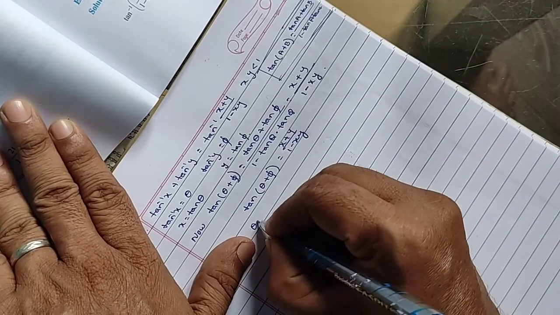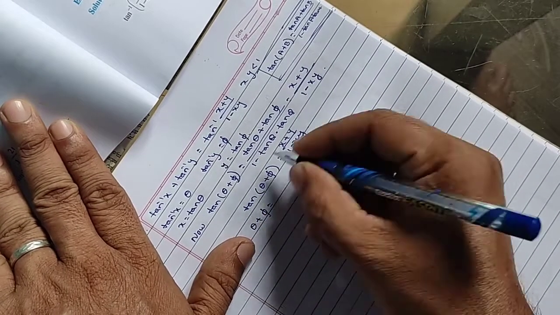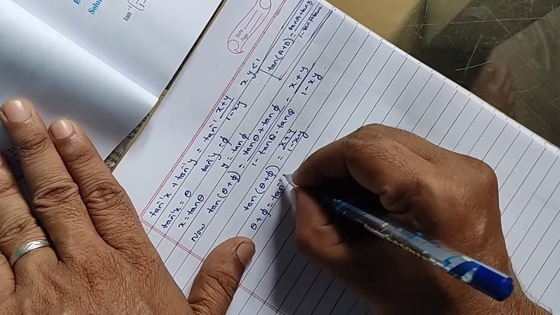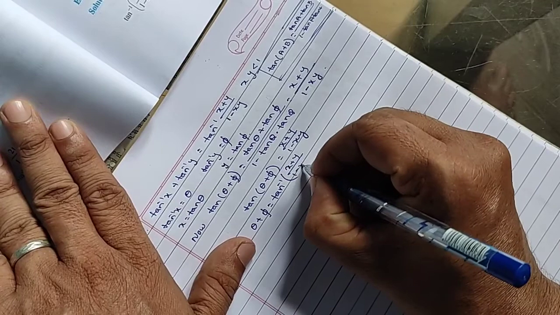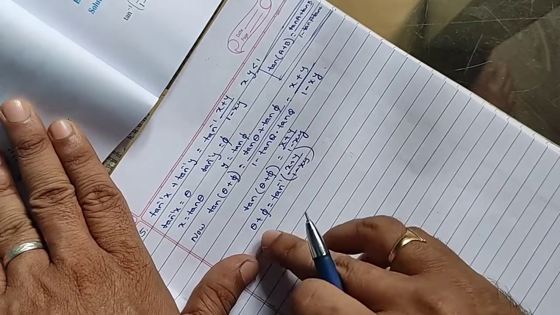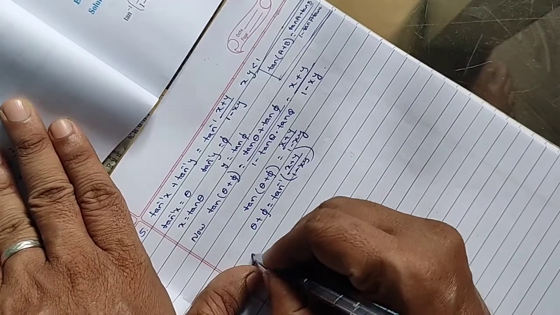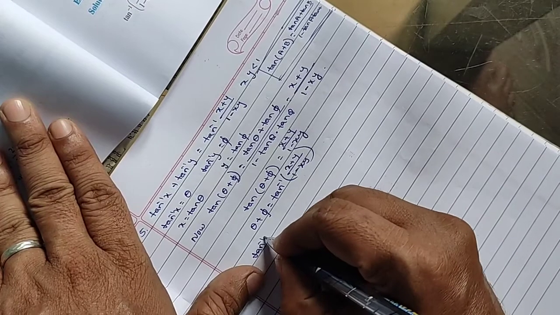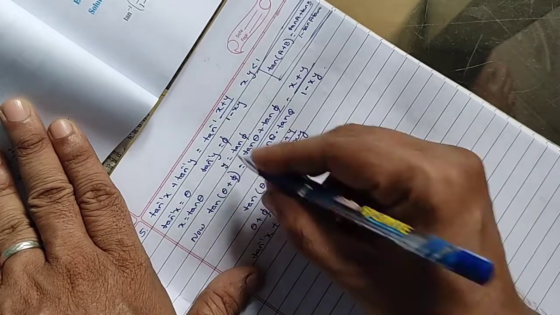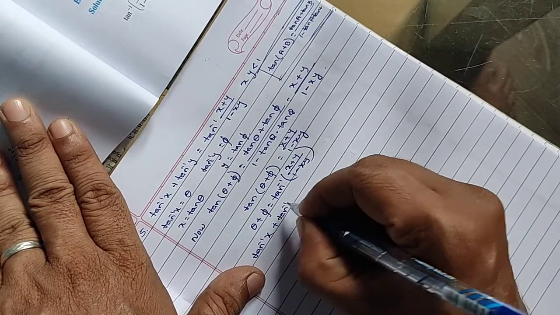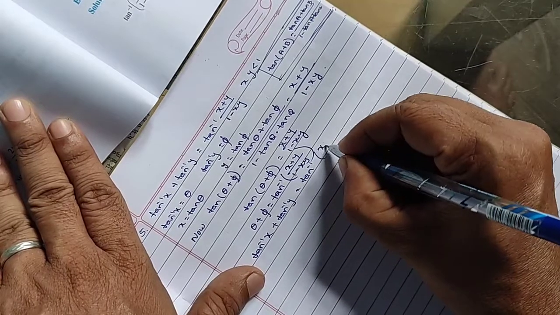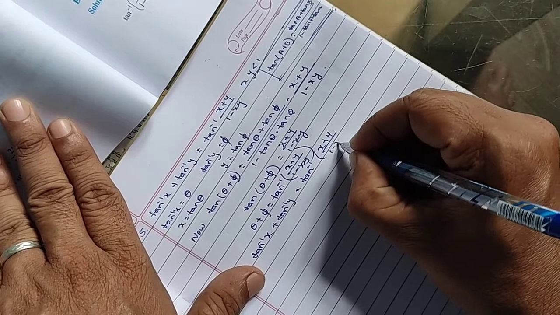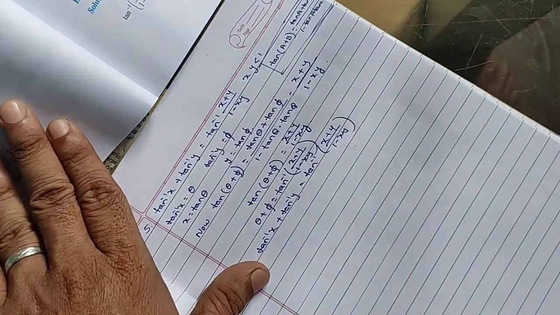Now theta plus phi equals, tan goes to the other side, tan inverse of x plus y divided by 1 minus xy. So clear now? Theta we can write as tan inverse of x, and phi we can write as tan inverse of y. So tan inverse of x plus tan inverse of y equals tan inverse of x plus y divided by 1 minus xy.